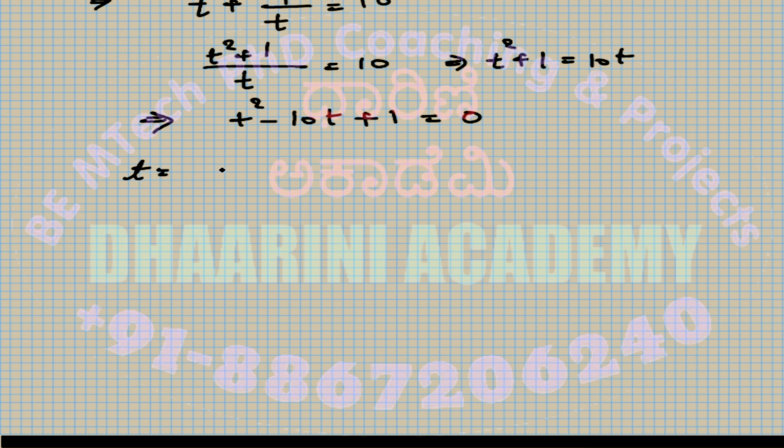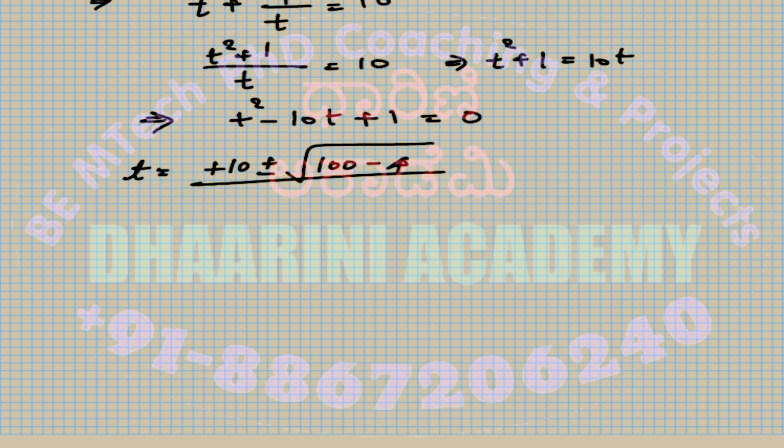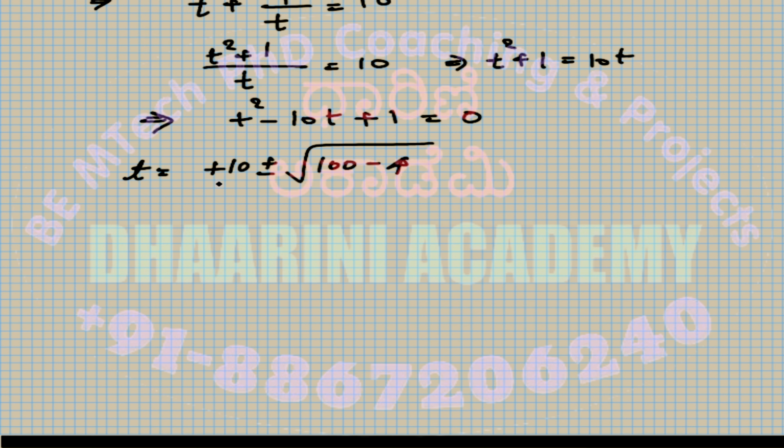Therefore t is equal to minus of minus 10, so plus 10, plus or minus root of b square, which is 100, minus 4 into 1 into 1, so 4, whole divided by 2a. a is equal to 1, so this is divided by 2.